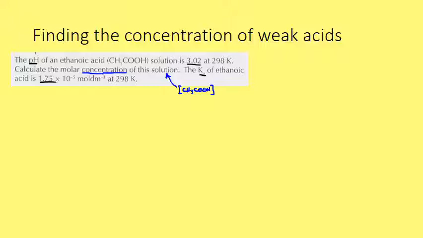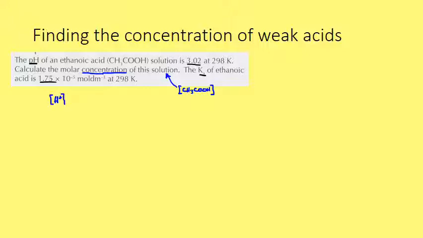Now let's just again get in our helicopter. So if we're going to work out a concentration of the acid, it's likely that we're going to need the concentration of hydrogen ions, and in order to find the concentration of hydrogen ions, we are given the pH, so we're going to use the other form of the pH equation, the exponential form. So let's start by working out the concentration of hydrogen ions.